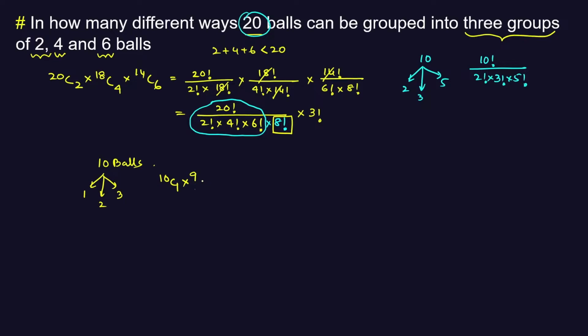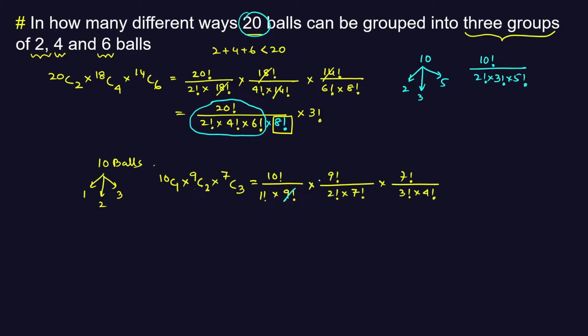Out of that we are choosing 2 balls to form the second group. And now we are left with 7 balls, out of which we are choosing 3 balls to form the third group. So the total number of ways of forming these groups will be factorial 10 divided by factorial 1, factorial 9, factorial 9 over factorial 2 into factorial 7, factorial 7 divided by factorial 3 into factorial 4.